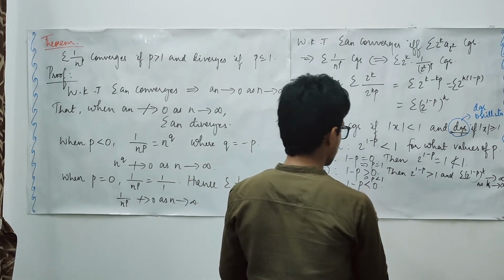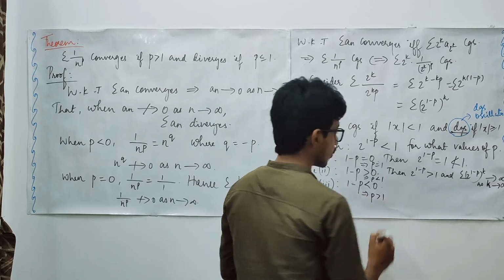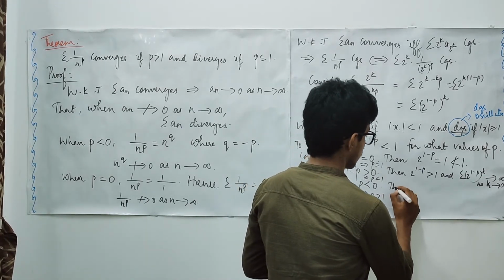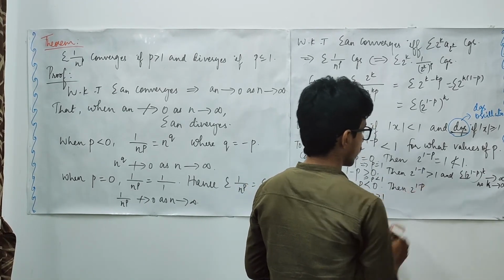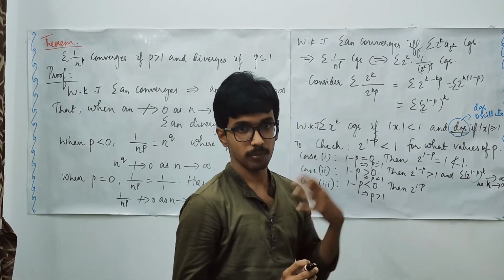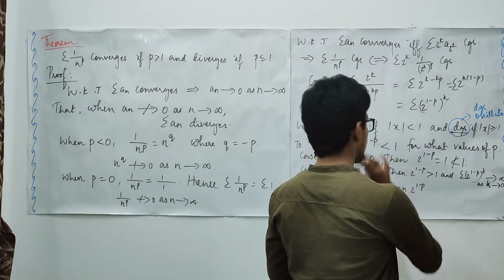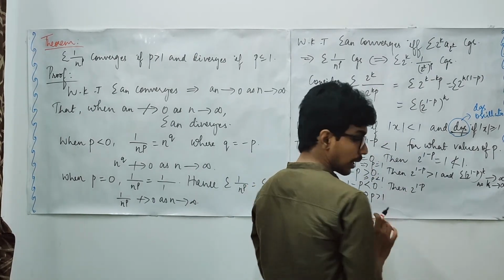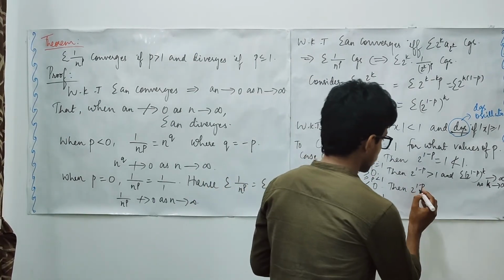Right? We are left with now what? The p greater than 1 case. This is 2 power 1 minus p. We know that this is a positive quantity. Of course it will not go below 0, and it's not 0 as well. So this quantity is going to lie between what?